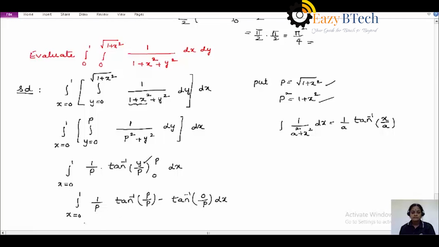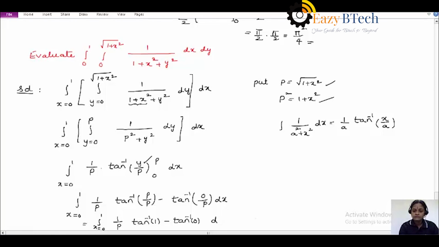Now coming to the integration, x is equal to 0 to 1, 1 by p, tan inverse 1 minus tan inverse 0 into dx. Okay, students, so now substituting the value of tan inverse 1 here.